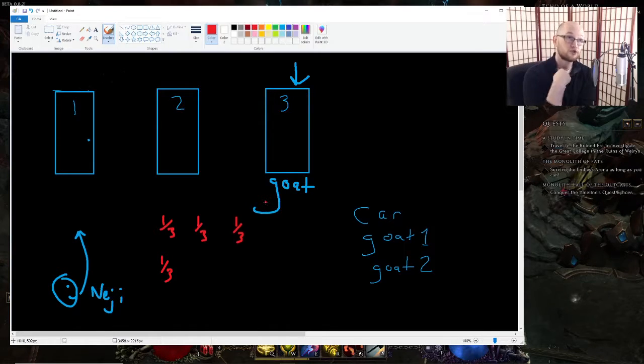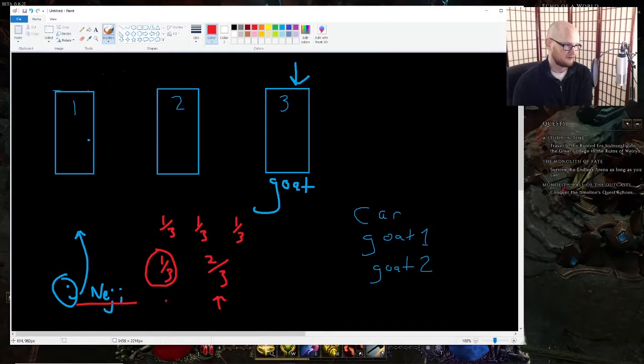And the one that Neji chose from the very beginning, with no insight and no additional information, was just a 1 in 3 chance. So I think is it 1 in 3 and 2 in 3? So from the very beginning, Neji's first selection was 1 in 3. That has to be right.